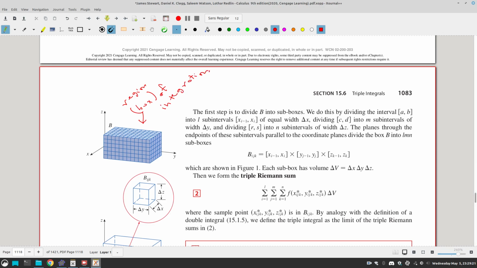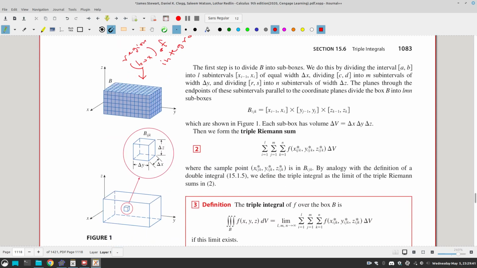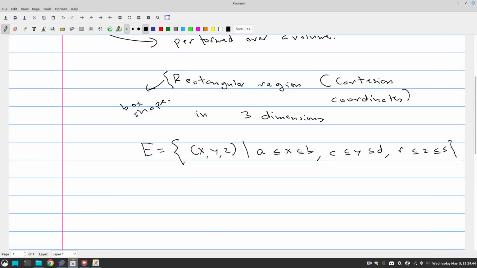Now, as before, we can break this big box into smaller sub-boxes. How do we do that? Break the x interval, A to B, into L subintervals.